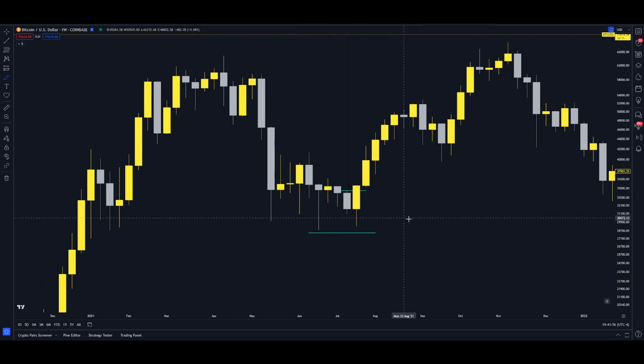So my setup is not necessarily invalidated unless we actually trade below the low of this level. Now, you don't have to do this, and obviously the higher up this wick is, the worse the risk reward is going to be, but you're probably going to get stopped out less, even with a little bit worse risk reward. So just keep that in mind.